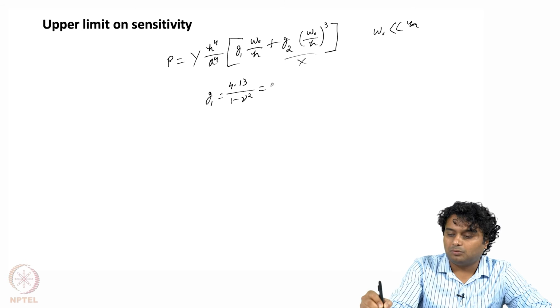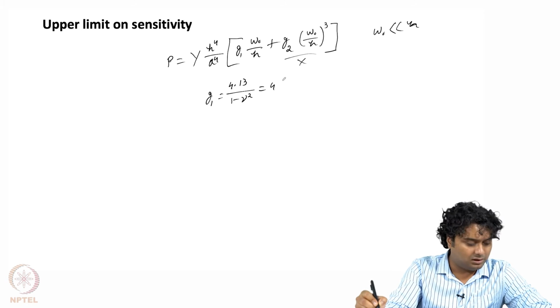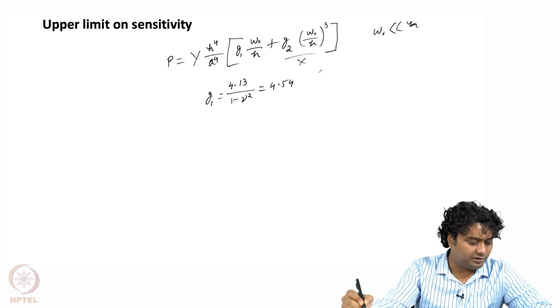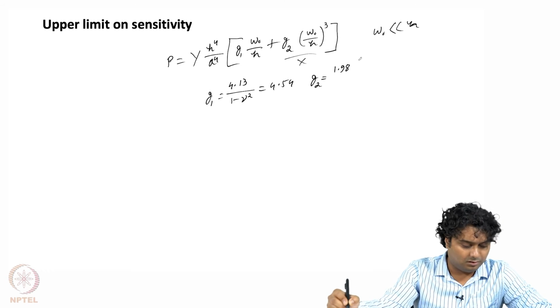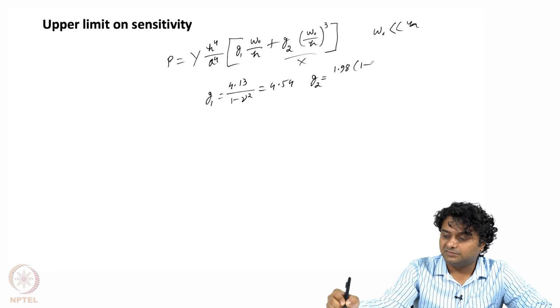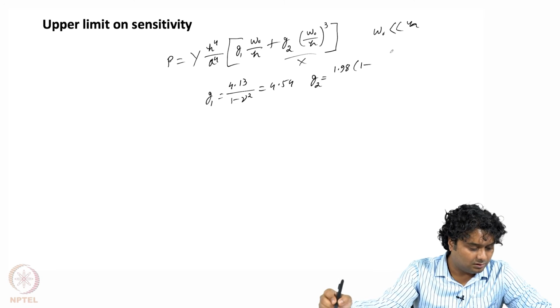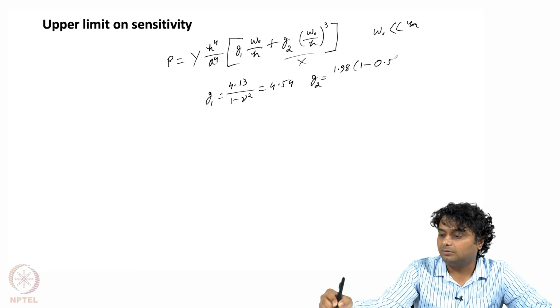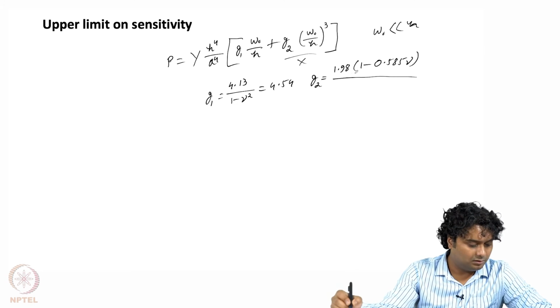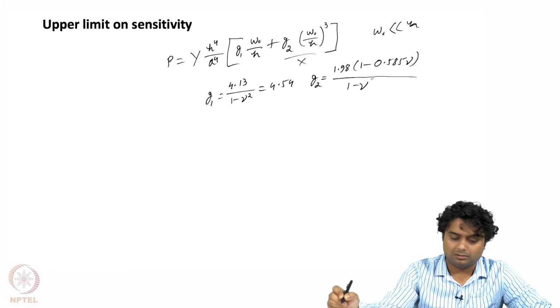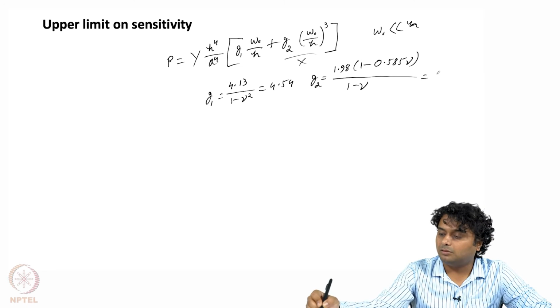If you put the silicon value, then it will come as 4.54, and G2 is equal to 1.98 into, and this will be 2.33.